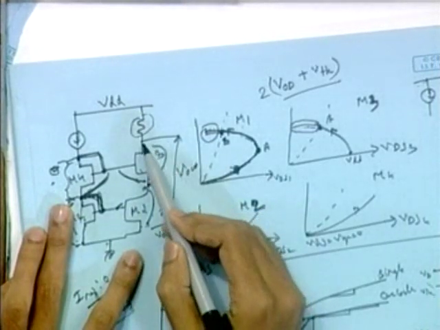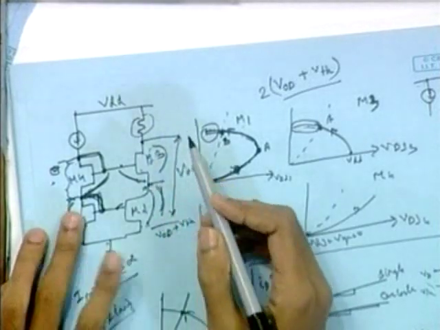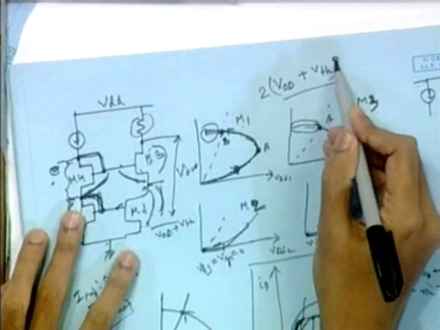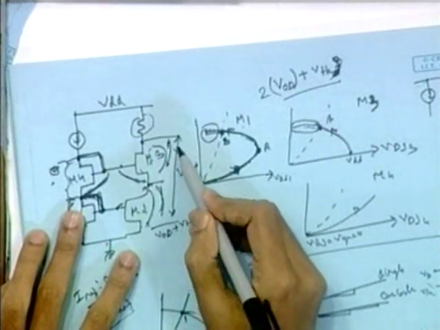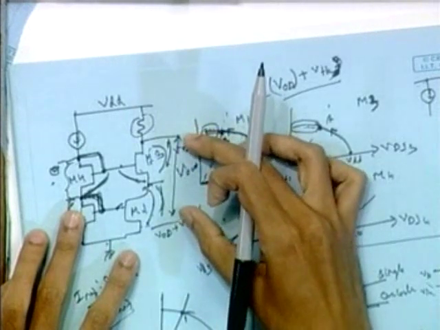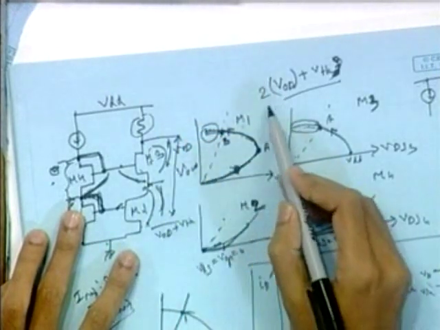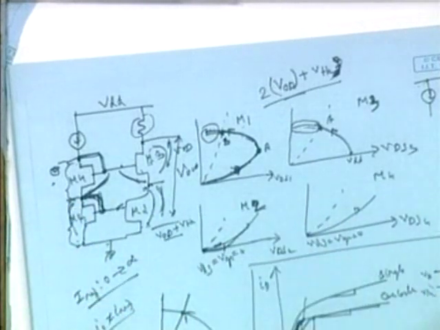But for this transistor, this point is not tied to this point, so this can independently move. So it can go up to VOD. So the total minimum voltage you can get is this much, 2 VOD plus VTH. Okay.